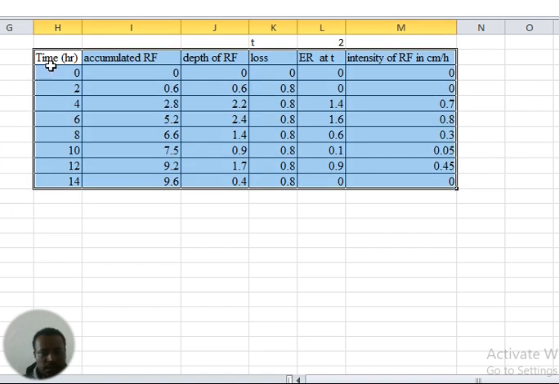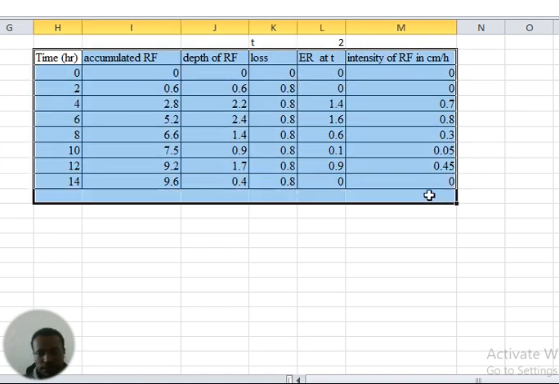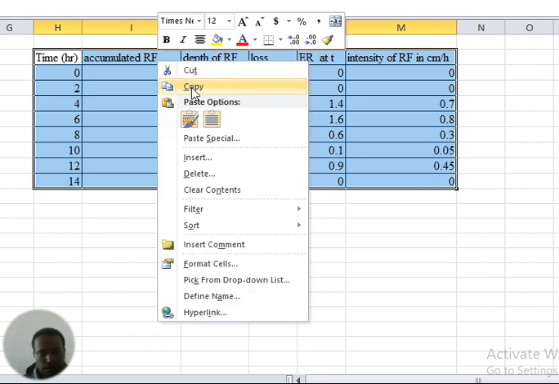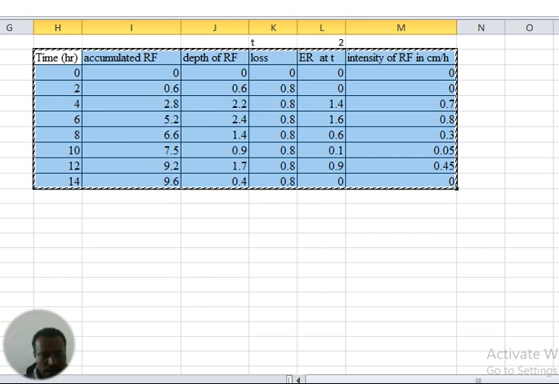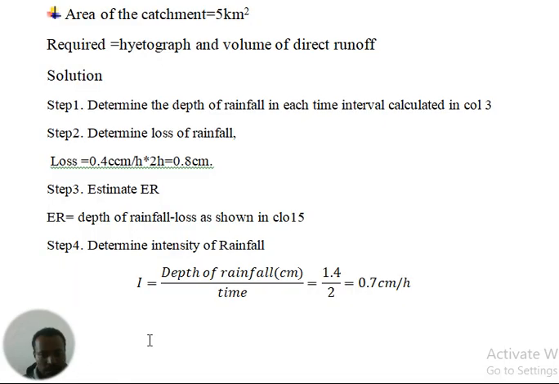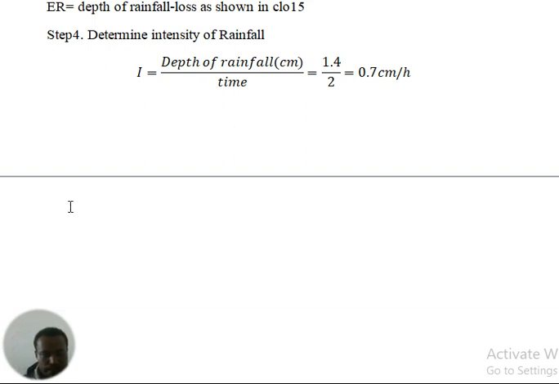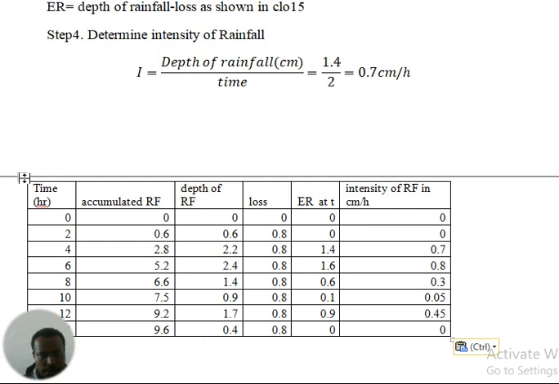Then this table is taken to copy into the column.